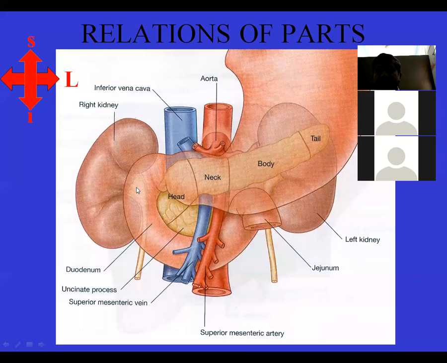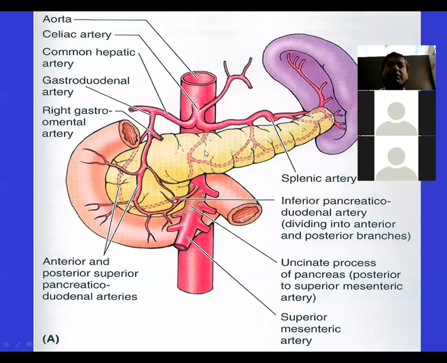So I will go back. Here, arterial supply, then this is the venous drainage. The superior mesenteric vein and splenic vein form the portal vein. So that is about the venous drainage.